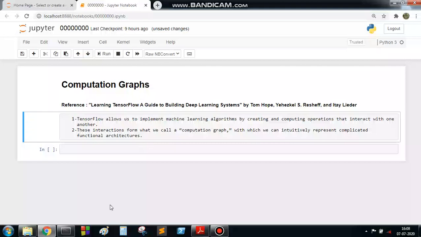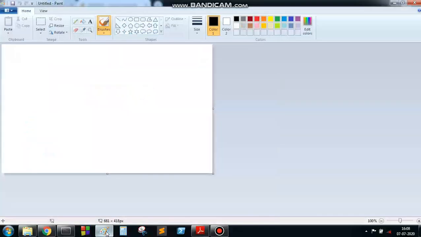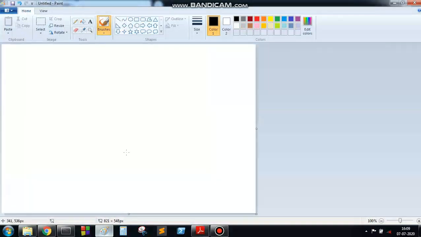So let's talk about graph first. So what is a graph? A graph is basically a set of interconnected entities, and each entity is known as a node or vertex. Suppose this is one node and this is another node.